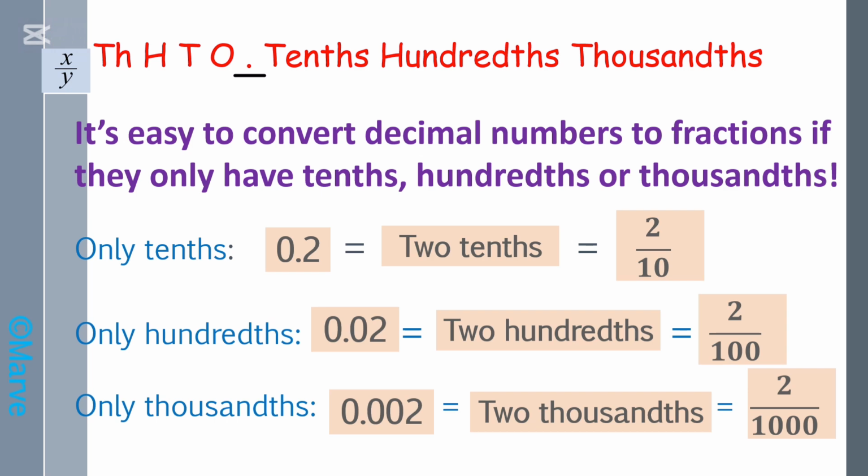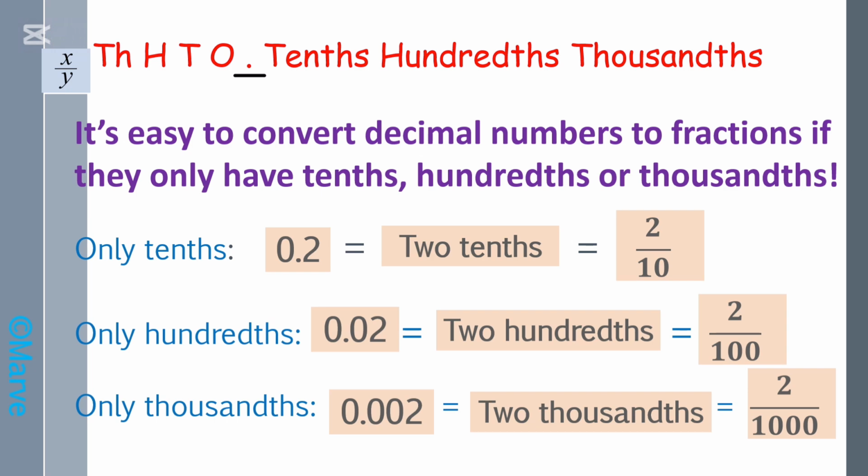So it's actually very easy to convert decimal numbers to fractions if they only have tenths, hundredths, or thousandths. So for example, only tenths, like 0.2, you see the value, the 10 after the decimal point. That is 2/10. So that's just 2 over 10. You see how we get that?